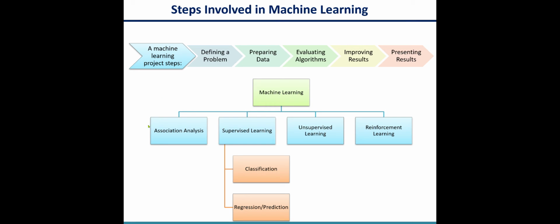Association analysis is like this: if we are going to buy bread, then it recommends that we mostly buy milk with the bread. So that is association analysis. The machine is advising you that if you are going to buy this, then you also buy this.